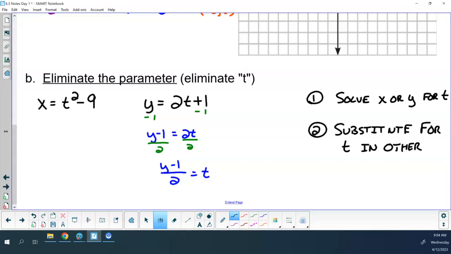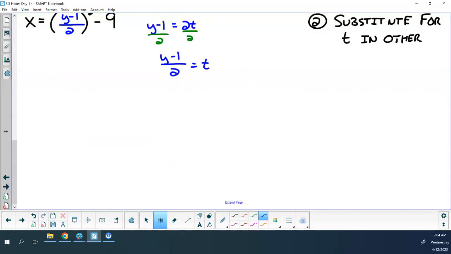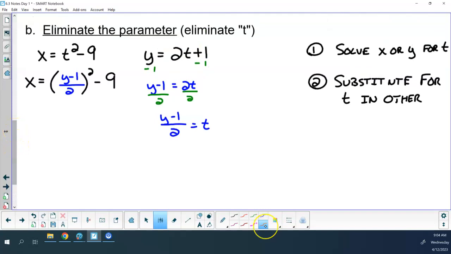So I'm going to replace t in my other one with y minus 1 all over 2. Okay. So then this would become x equals y minus 1 quantity squared all over 4, still minus 9.